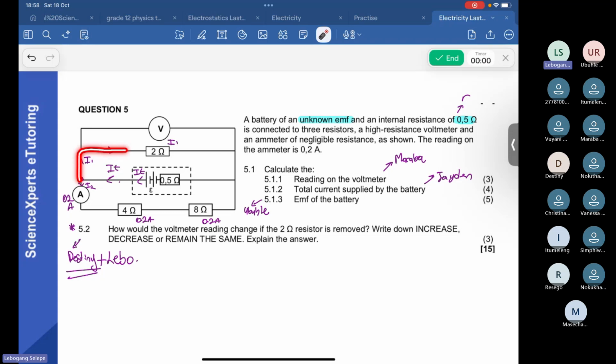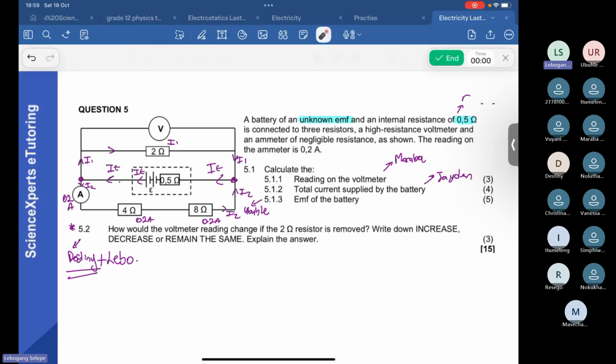Current would just go like that, and pass through this point as I1 again. Then remember I2, right? So when I2 and I1 meet again, here at this point, they give us the total current, which would pass through the internal resistor, right?